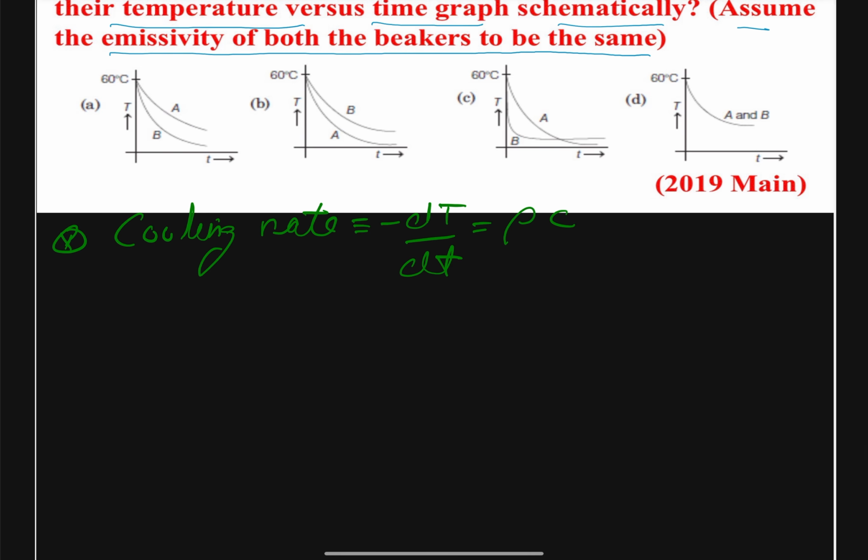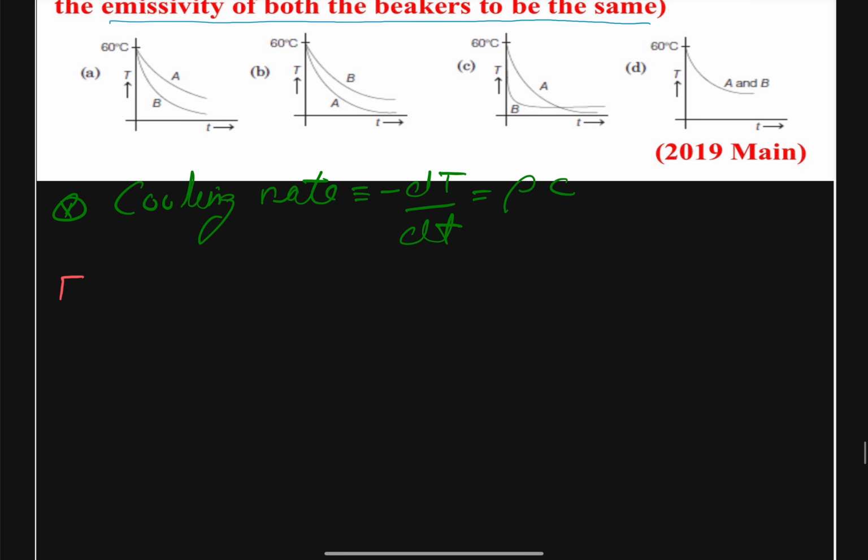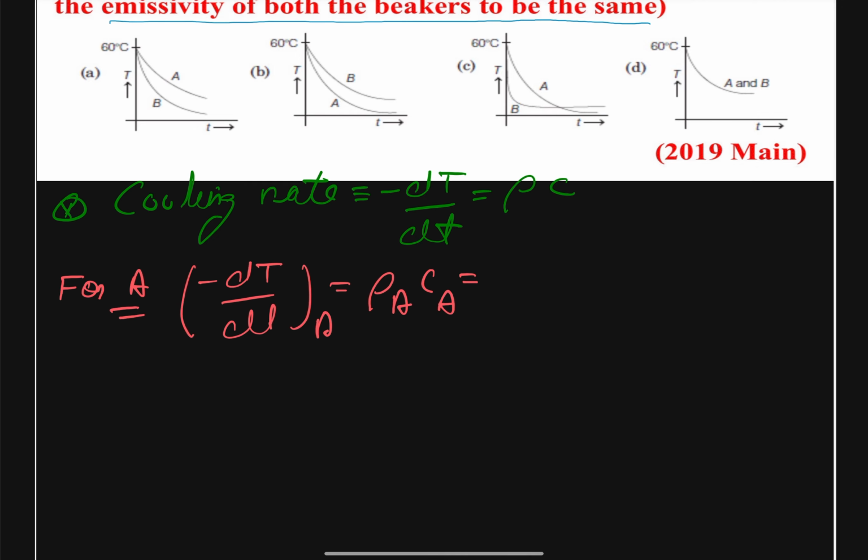So we can say for A, we can write that minus dT upon dt of A will be equal to their density as well as specific heat, which comes as our 800 multiplied by 2000, giving us 1.6 into 10 to the power 6.